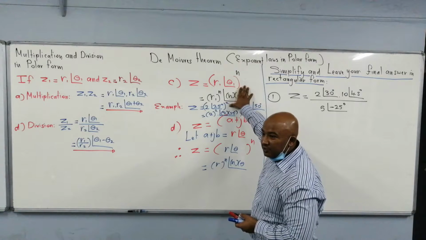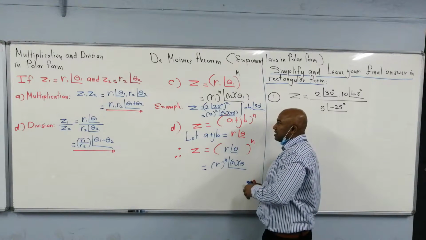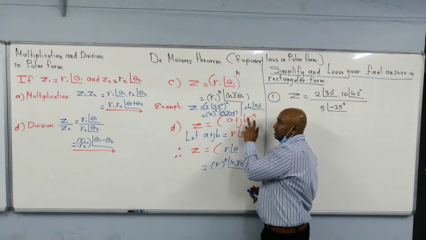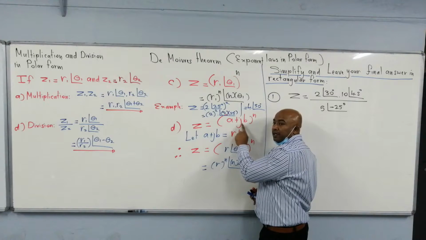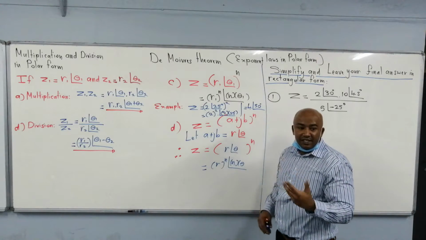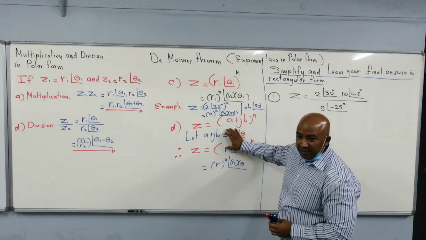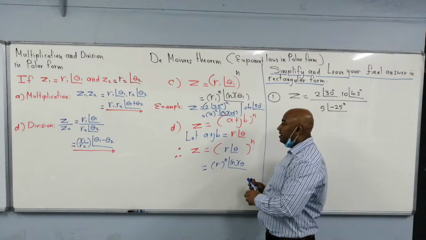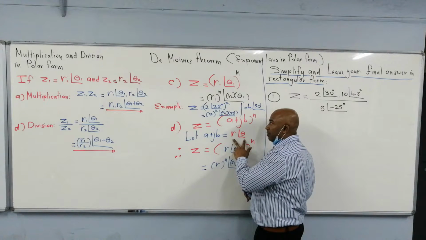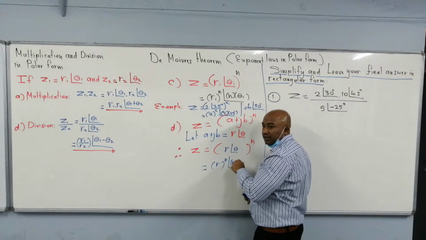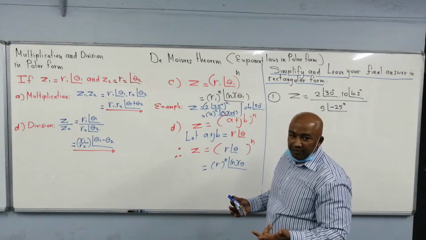Okay, so this is exponent laws. Now, notice I have an exponent here, but inside the bracket is not polar form. You've got A plus JB, which is rectangular form. So what do you do in a situation like this? You will convert from rectangular form to polar form, so you can apply the exponent laws, because there's no exponent law for rectangular form.